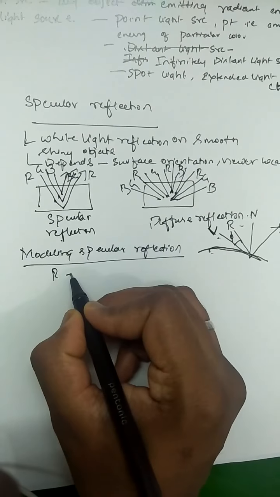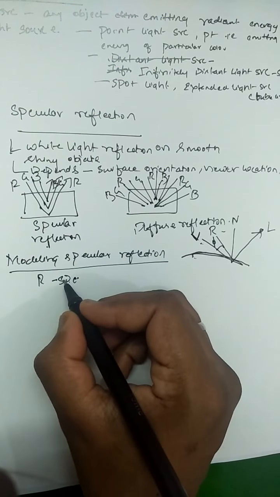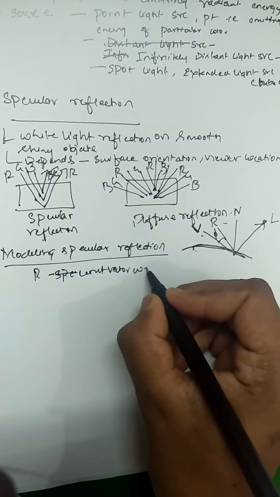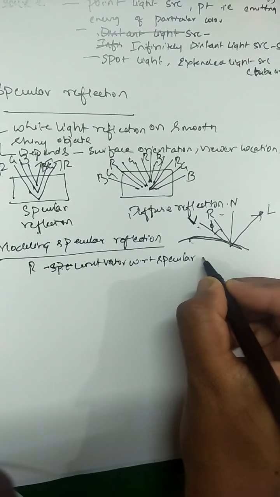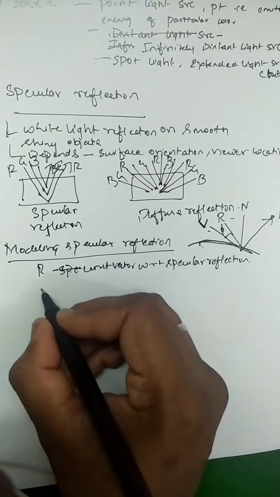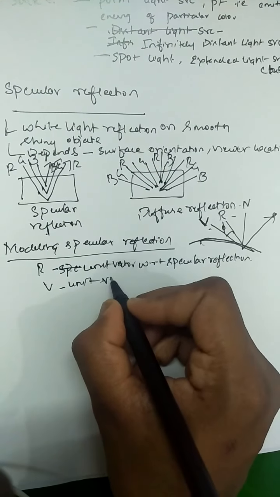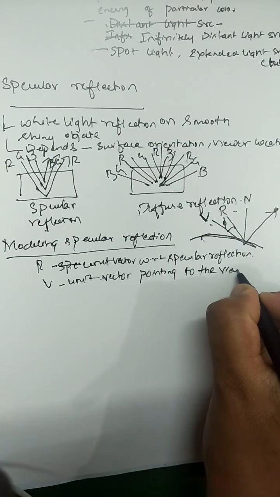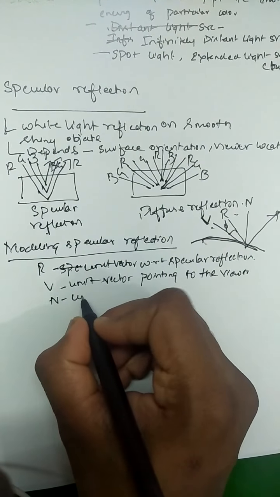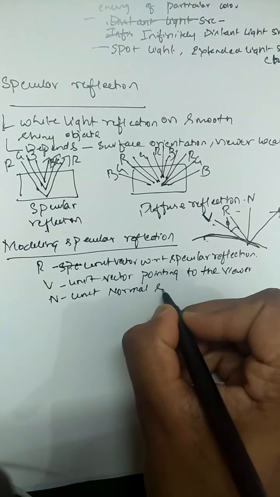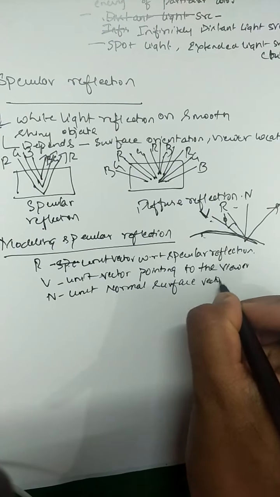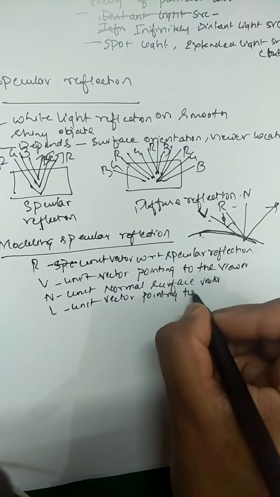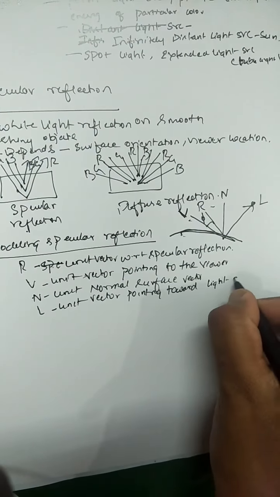So R is a unit vector with respect to the specular reflection direction, and V is a unit vector pointing to the viewer, and N is the unit normal surface vector, and L is the unit vector pointing towards the light source.